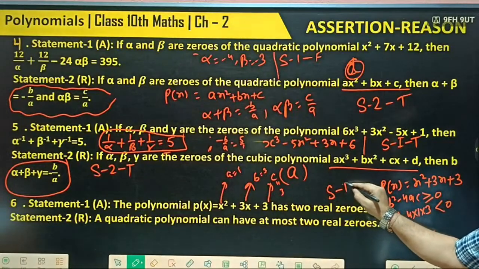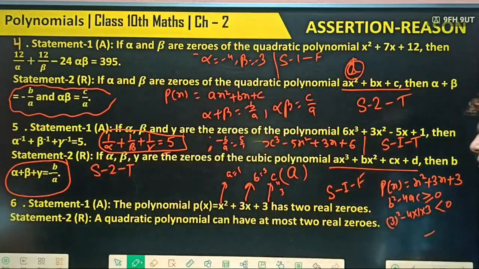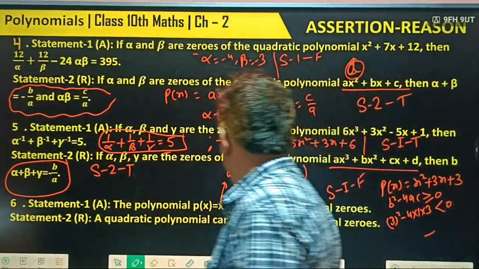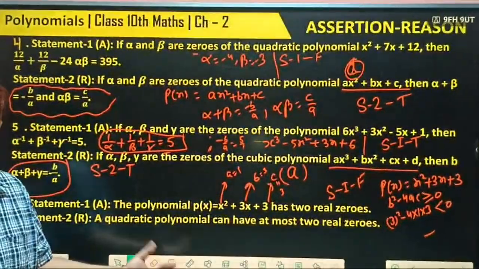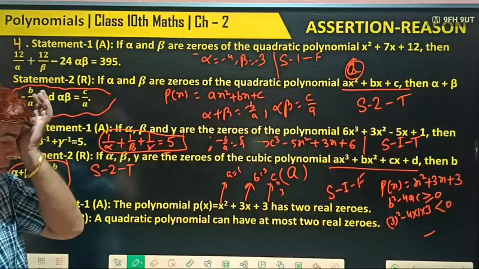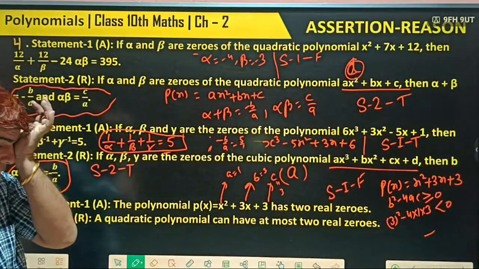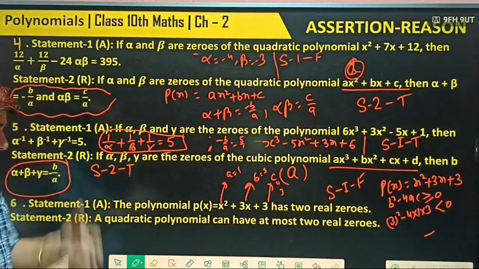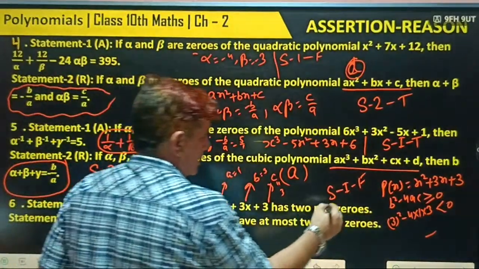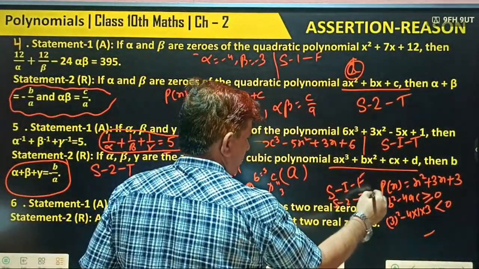So statement 1 is false. A quadratic polynomial can have at most 2 real zeros. Yes, that one is right. Already we are saying, if we have a quadratic polynomial, it has at most how many zeros? 2. So statement 1 is false and statement 2 is true.